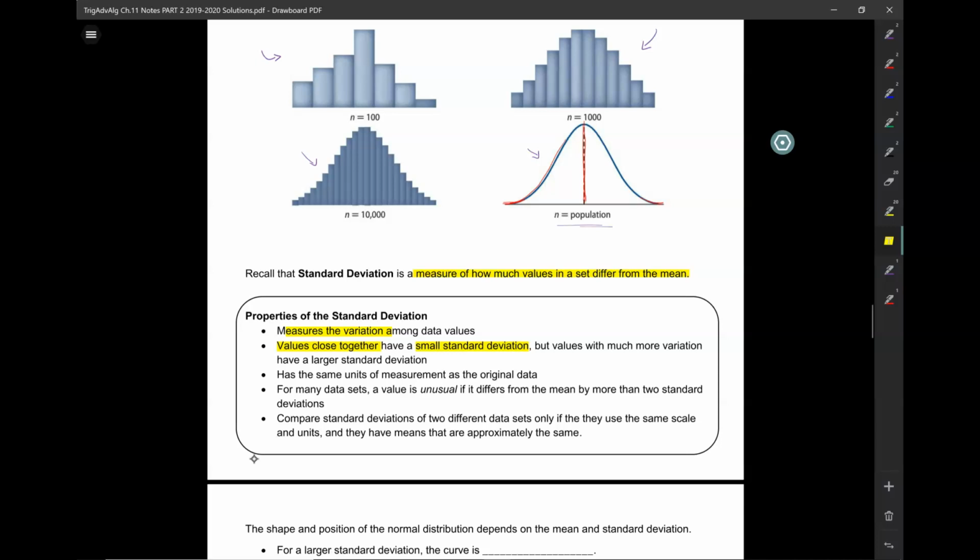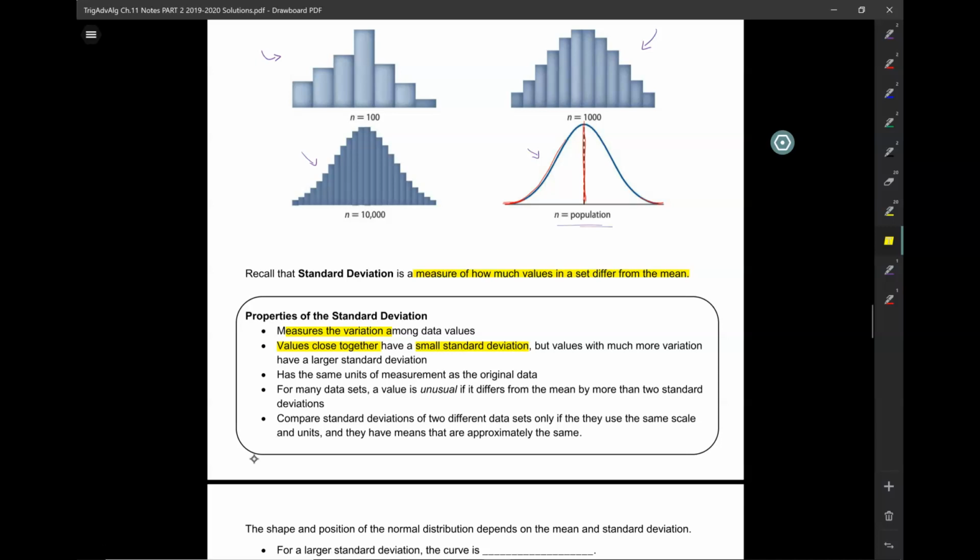But let's say the average was an 83, and then you've got scores in the 60s and the 50s and the 90s and 100, they're spread apart, large standard deviation. Standard deviation has the same units as the original data. Okay, so let's talk about this term for a minute.